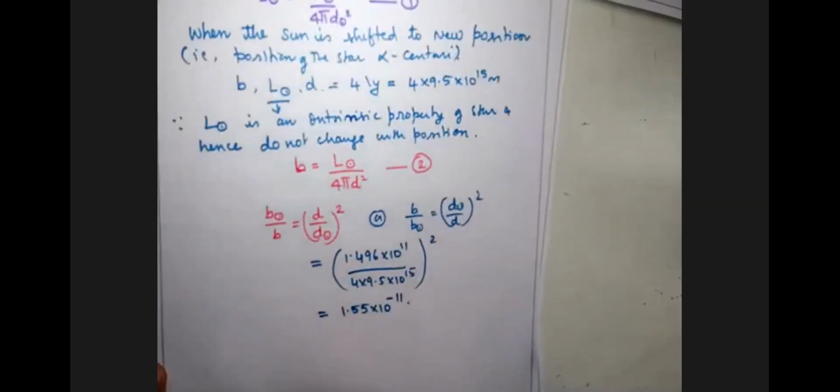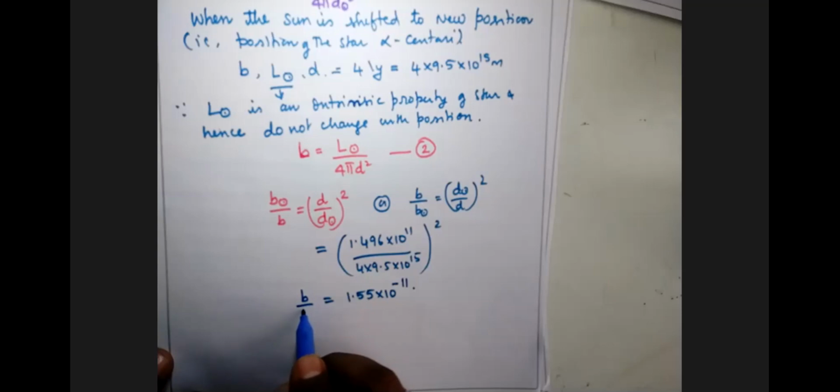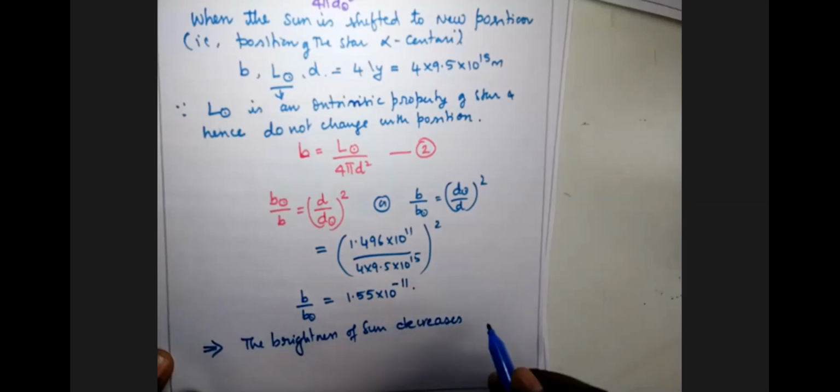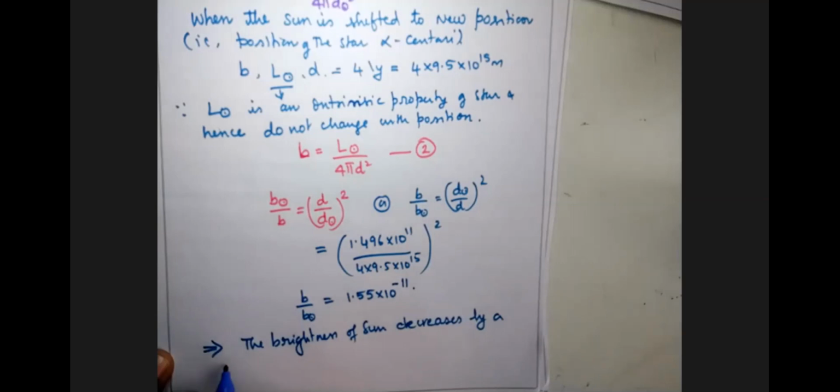That is, the ratio of the brightness is 1.55 into 10 to the power of minus 11. This implies the brightness of the sun decreases by a factor of 1.55 into 10 to the power of minus 11 when it is shifted to the new position.